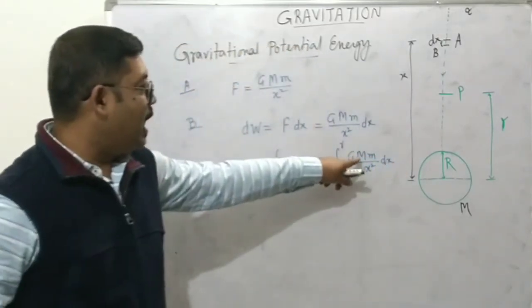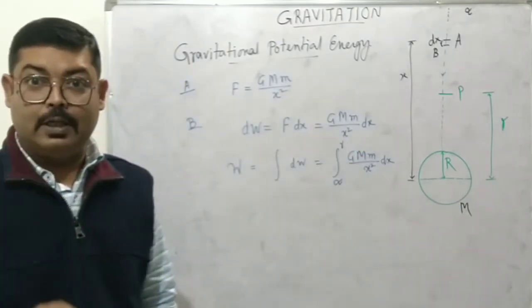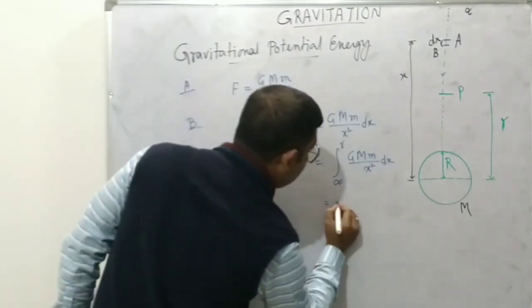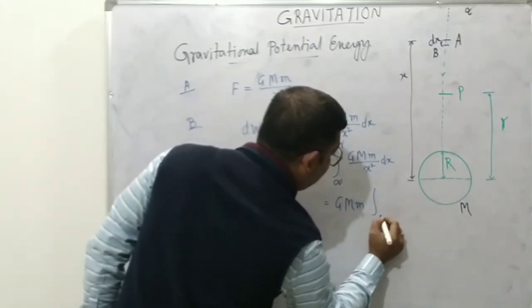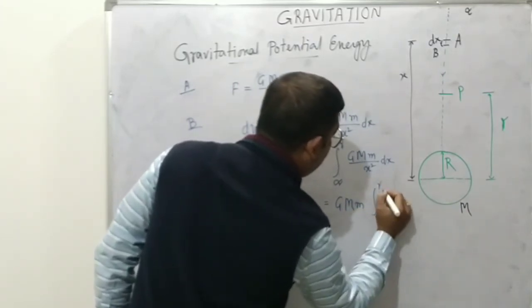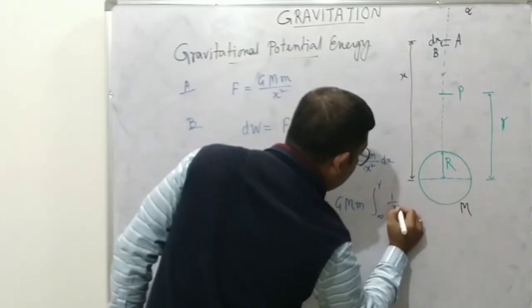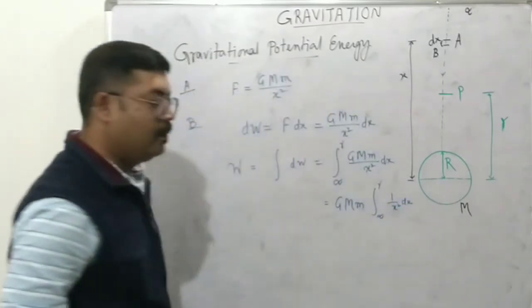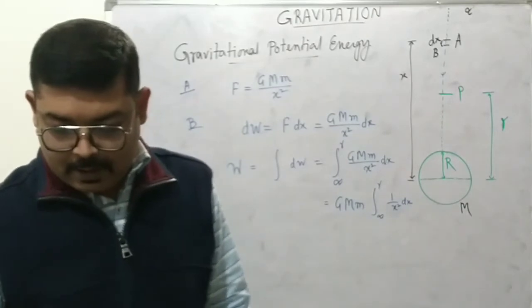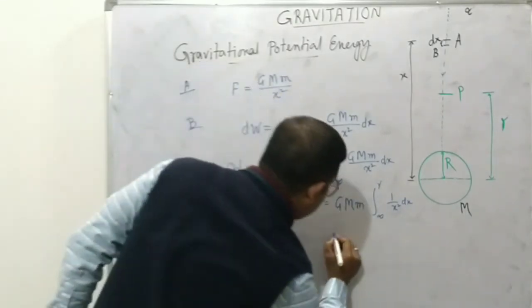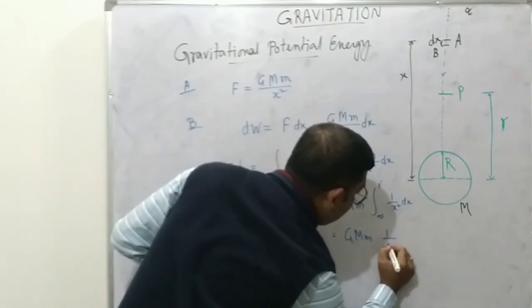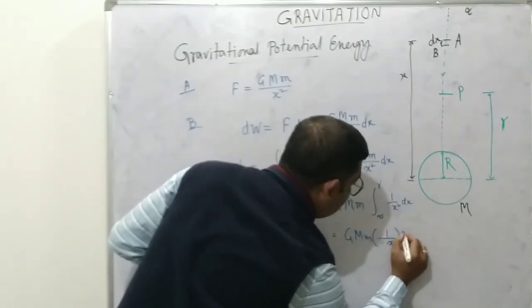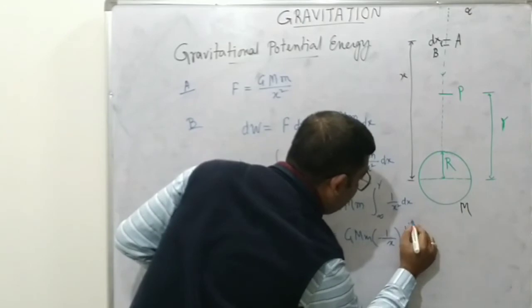Now we know that G, M and m, these three things are constants. So we bring them out of the sign of integration, and we have the integral from infinity to r of 1 by x squared dx, or x to the power minus 2 dx, which will give us GMm times minus 1 by x with the limit infinity to r.